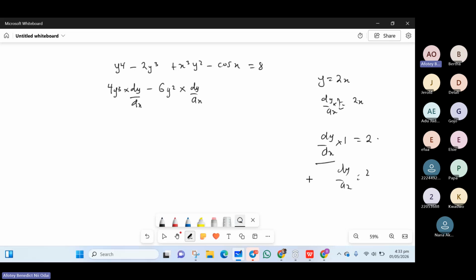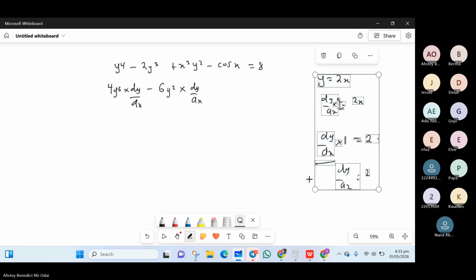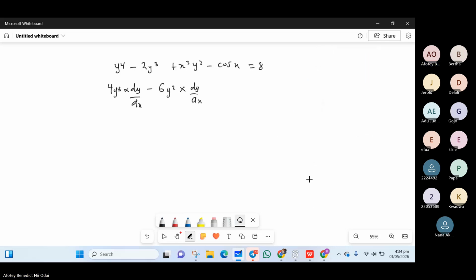Let me cast this part. Right, 6y squared times dy on dx. This is a product rule, right? So let's solve this separately somewhere. x cubed y squared gives us 3x squared y squared plus 2y.